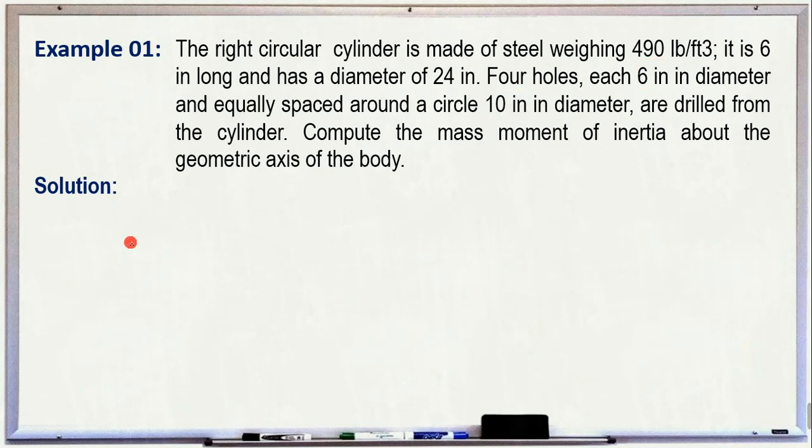Now, on the final step, our mass moment of inertia of our composite body along the z-axis is equal to the mass moment of inertia of the huge cylinder along the z-axis minus 4 times the mass moment of inertia of the single hole along the z-axis.